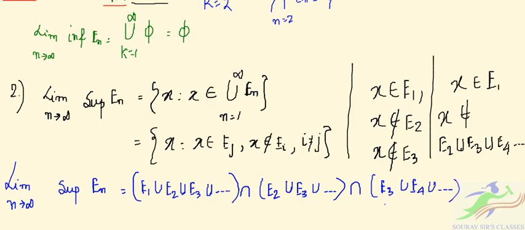So it is nothing but that x belongs to E2 union E3 union E4.